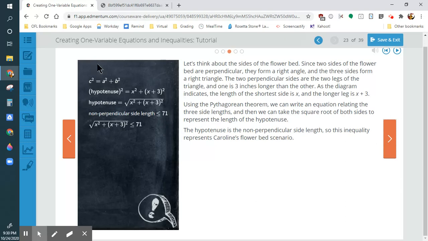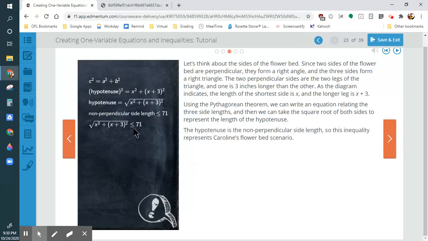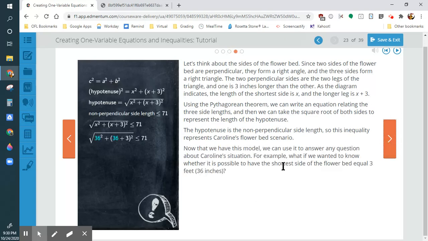Now let's say we want that length to be less than or equal to 71. She doesn't want that side, that hypotenuse, this length, to be bigger than 71. It can be 71. It's okay to be 71, but she doesn't want it bigger than that. All right, so now once we solve it, we carry out the answer.